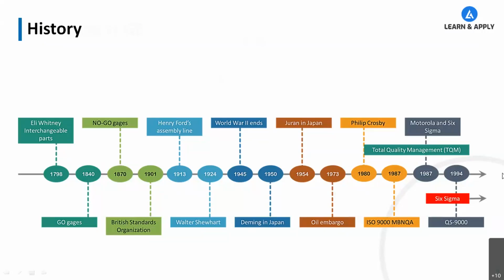Motorola launching Six Sigma in 1987. So actually, when we see this Six Sigma approach, it is not something new that was invented in 1987, or let's say in the 1980s decade. It was the accumulation of all these successful tools and methodologies which were able to provide solutions to different problems.